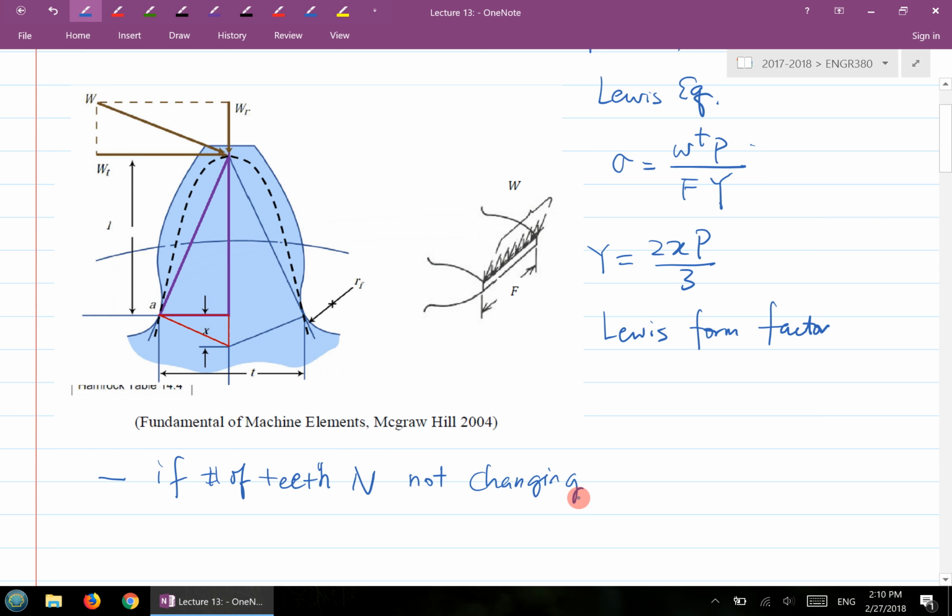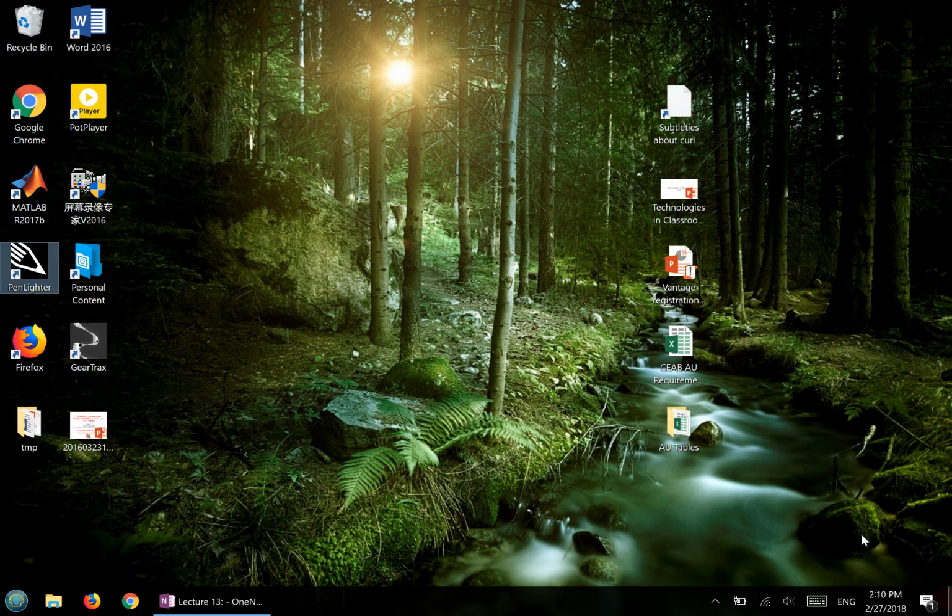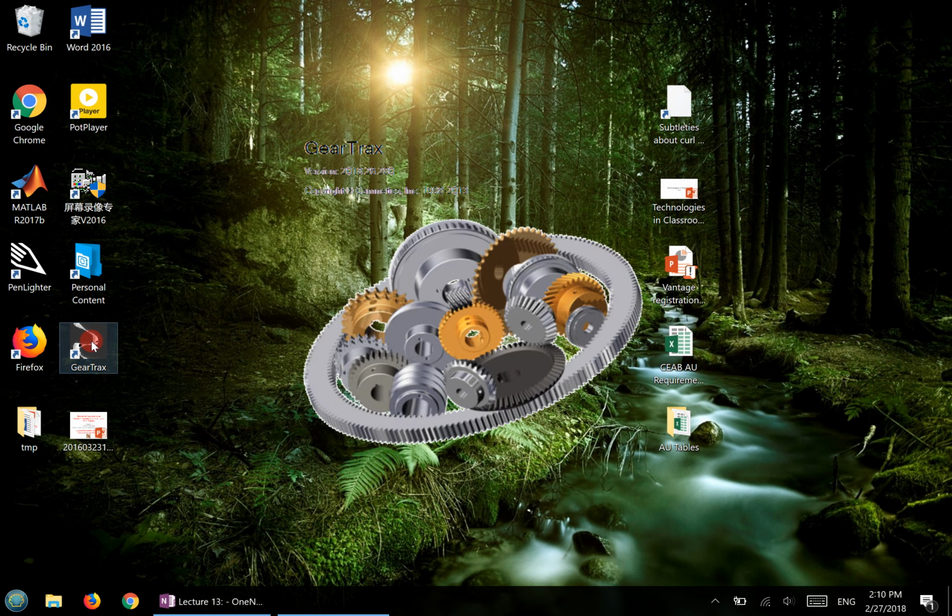If you keep the number of teeth constant, and then we change this diametral pitch P, I'll show you an animation here.